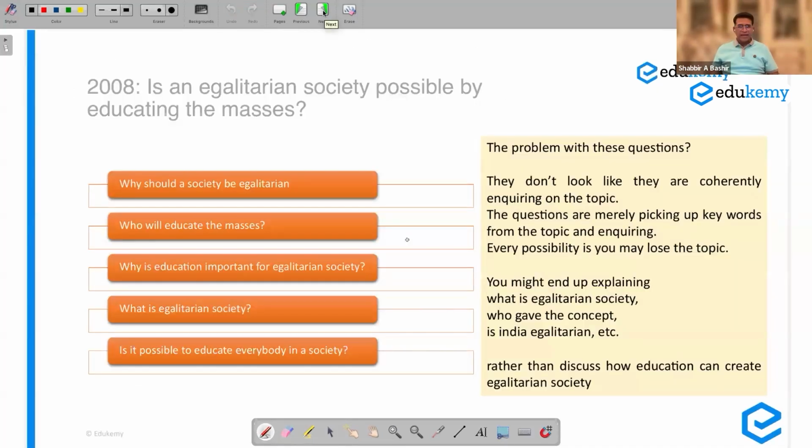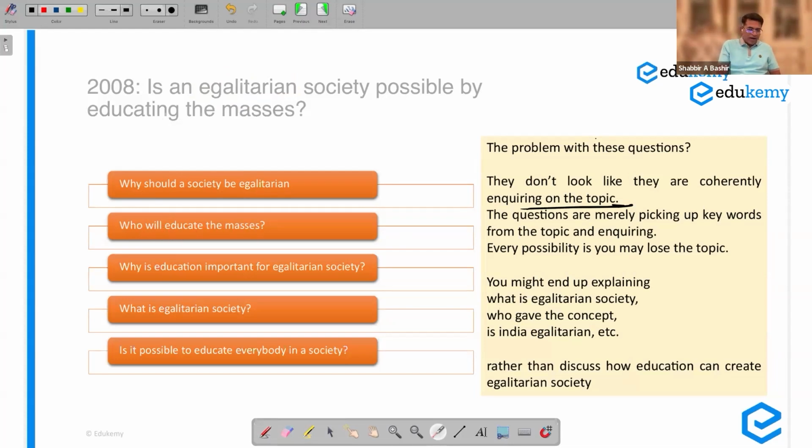However, there's one problem: when you generate these questions, they do not look like they are actually inquiring on the topic. When I ask, why should a society be egalitarian? I've picked up the word egalitarian and asked a question on that. Who will educate the masses?